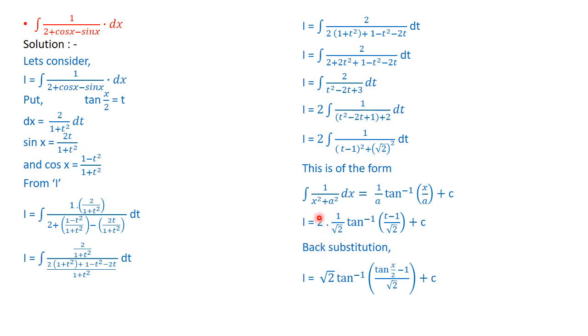Now these 2 is what? Root 2 into root 2. So root 2 gets cancelled and we have 1 by root 2 into tan inverse, by back substitution. What is this t? Tan x by 2 minus 1 by root 2 plus c.